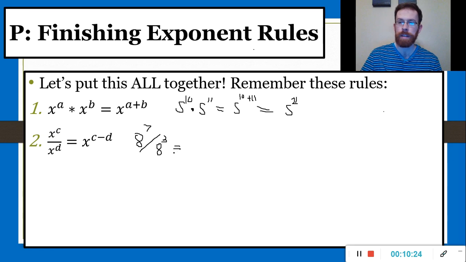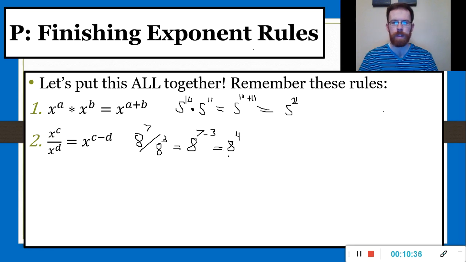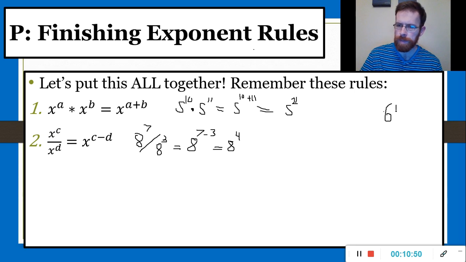Since they're the same base, you can just say that's 8 to the 7 minus 3. That's 8 to the 4th power. Don't ask me what 8 to the 4th power is. It's 64 squared, I'm pretty sure. Maybe if we have some leftover time, I'll try to tackle that.